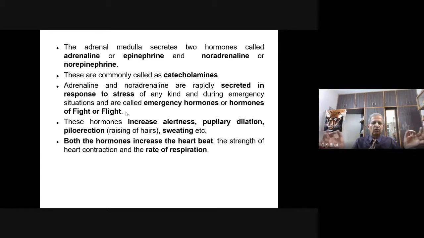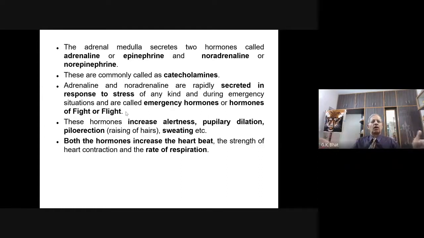And the moment you heard the cat cry, you could make out that it is a cat's business. Immediately, your heartbeat starts coming down. The hairs which got erected go back to their place, and you get a sigh of relief. And this is what is happening because of the two hormones. One is adrenaline, and later to bring down your heartbeat and all, noradrenaline comes to your rescue. So this is how the emergency hormone functions.